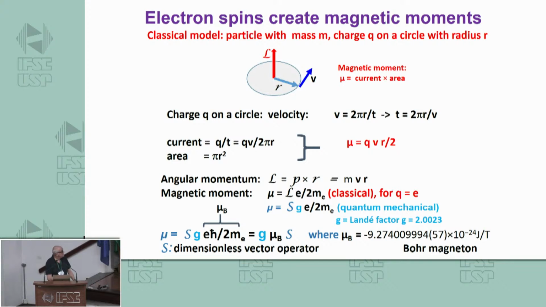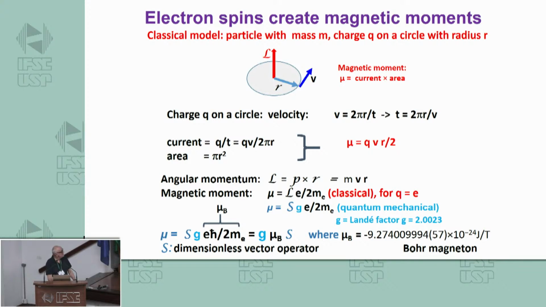So then we can write the magnetic moment, which is this, and we comprise these various numbers here, because angular momentum is proportional to h bar.